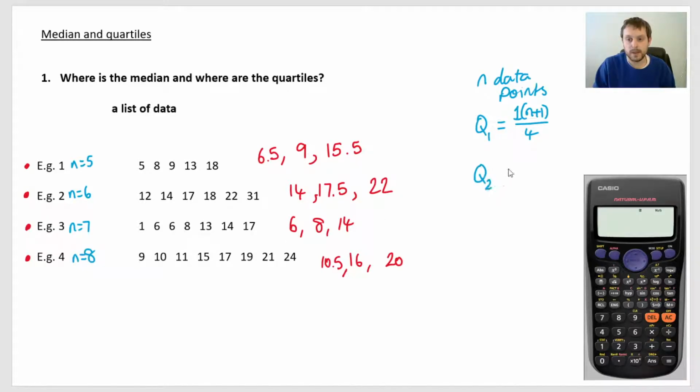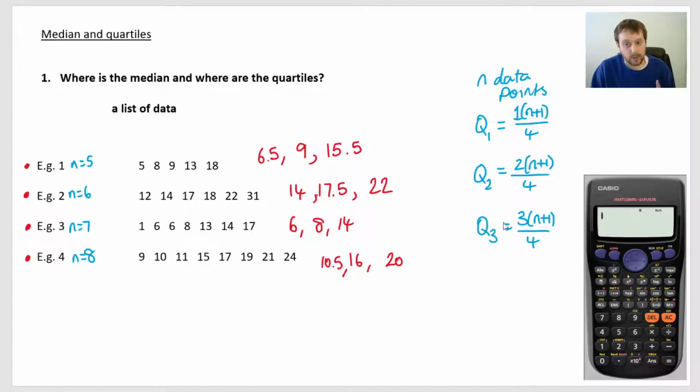So the median, which is Q2, is 2 lots of (n+1) over 4. In the book, of course, you'll see that as just (n+1) over 2 because 2 quarters is the same as a half. And Q3 is 3 lots of (n+1) over 4.